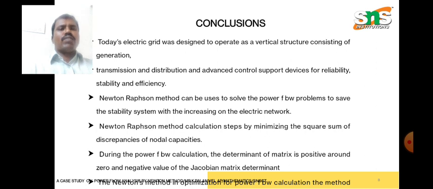During the power flow calculation, the determinant of the Jacobian matrix is positive around zero and negative elsewhere. Therefore, Newton's method of optimization of power flow calculation is used to calculate the power flow analysis in this case study.